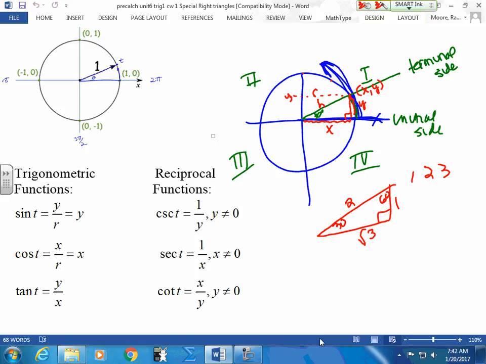So 30 is going to be my 1. One of these has to be a radical, can't be my 1. It's going to be this guy, because it's about 1.732. It's less than 2. The biggest one is my hypotenuse. So now, if I put this over here, I need this guy to be 1. What do I divide 2 by to get 1? I divide by 2.